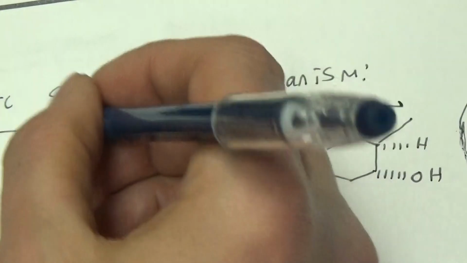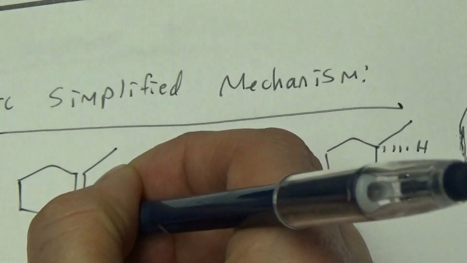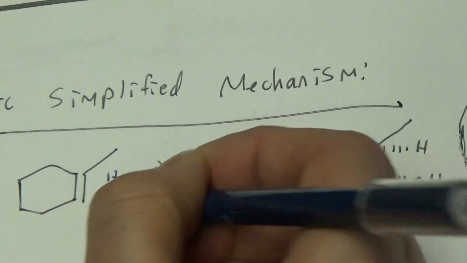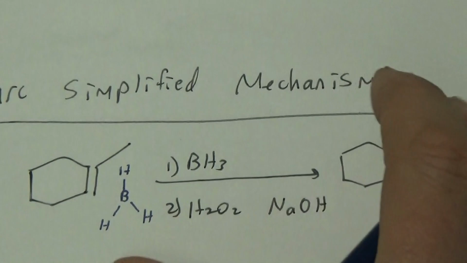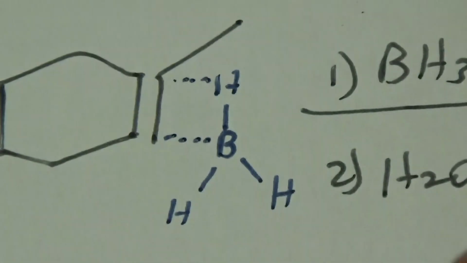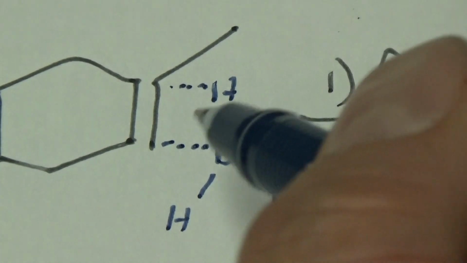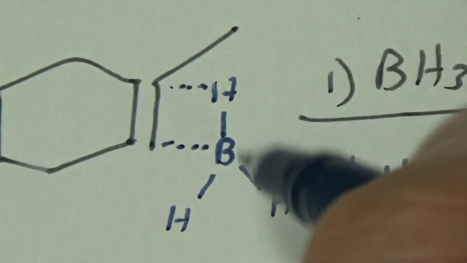So what I'm going to do is draw H, B, H, H. Okay? So it lines up like that. And we're going to draw little arrows, or dots. So that's where the electron flow is going to happen between the two carbons and the H and the B.